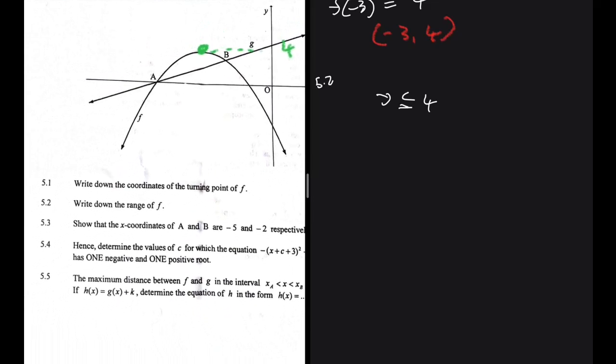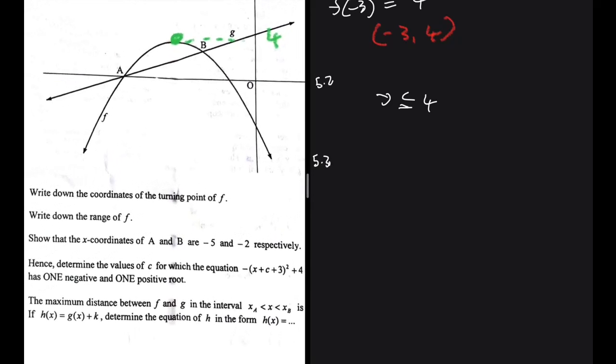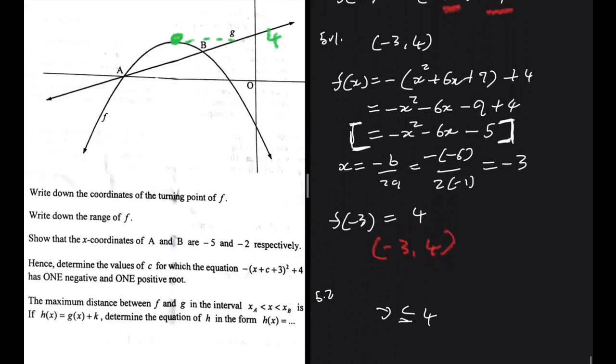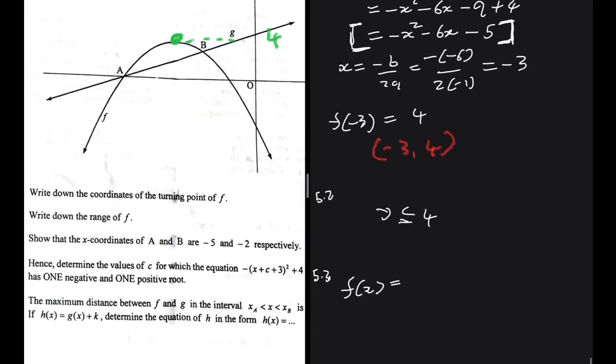And then 5.3, this is where things start to get interesting. Show that the x coordinates of a and b are -5 and -2. So we say that f of x is equals to, so we have our function here, -x squared minus 6x minus 5, right?